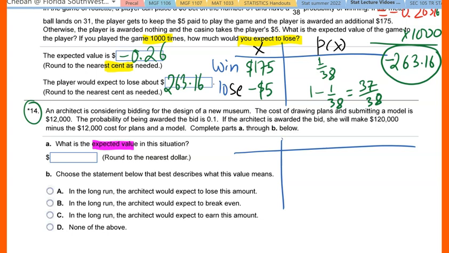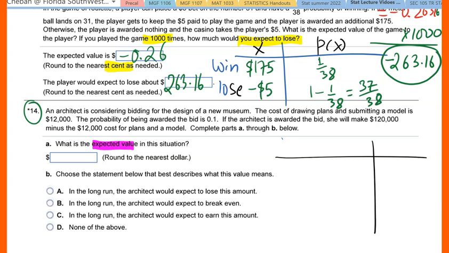Let's make a table. There are two outcomes, X and P of X: either win the bid or lose the bid.